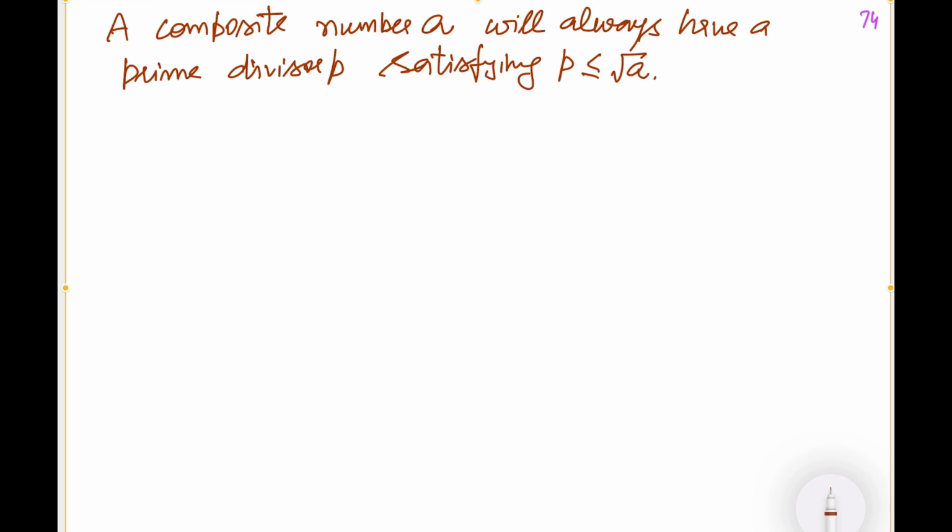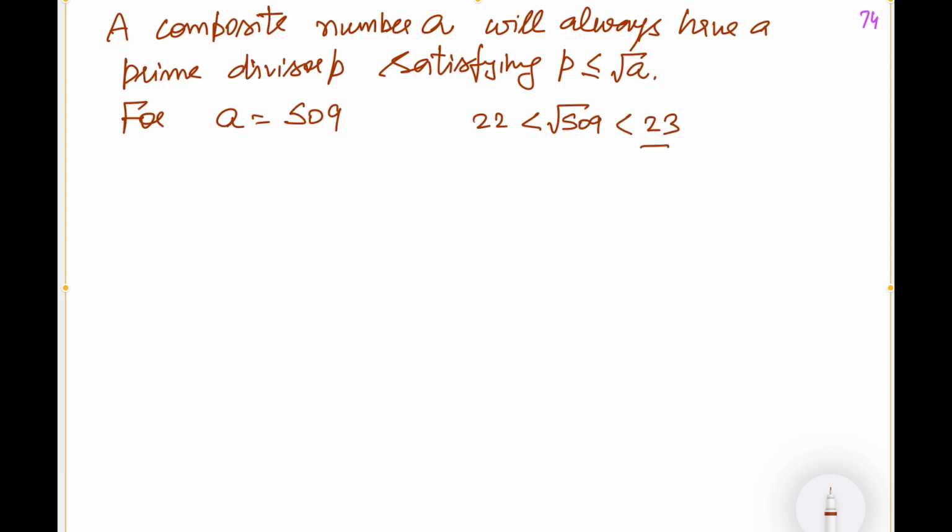Let's test this for a equal to 509. So we will take its square root. Clearly it lies between 22 and 23.